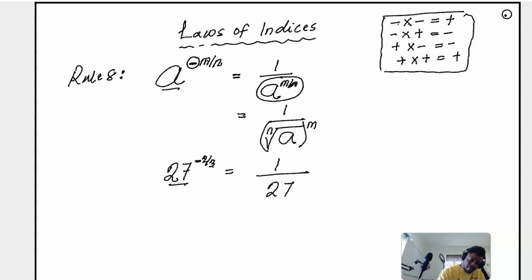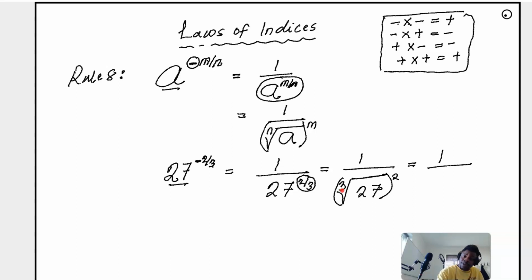So that is 1 over 27 raised power 2 over 3. Now remember that this is a fractional power. Your denominator, which is 3, becomes the root. That is cube root, right? Then 27 goes inside, right? Then your numerator is the power here, 2. So here I have 1 over.